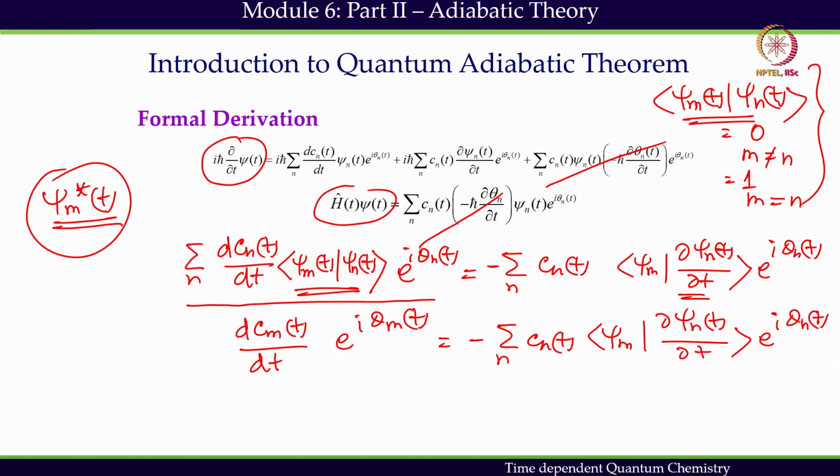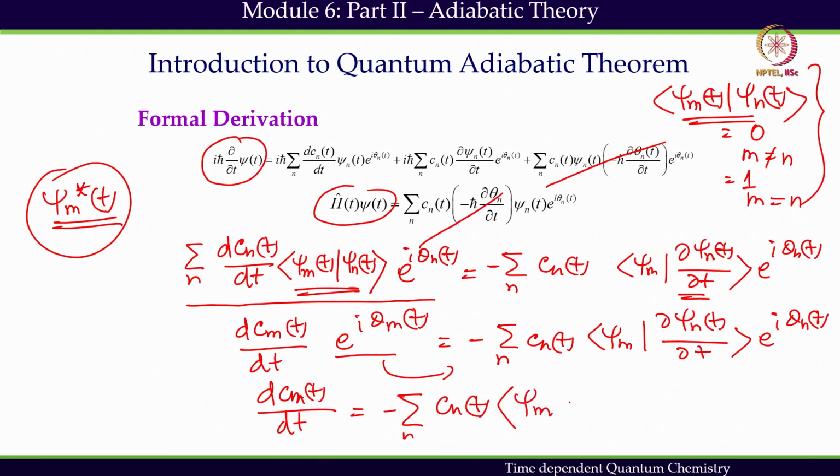And what we'll do, we'll just take this one to the right hand side, and finally we'll be able to write down dc_m/dt equals minus summation c_n(t), this is integration, this is bracket notation, dt e to the power i, then this is going to be theta_n(t) minus theta_m(t). That's the final expression we get.